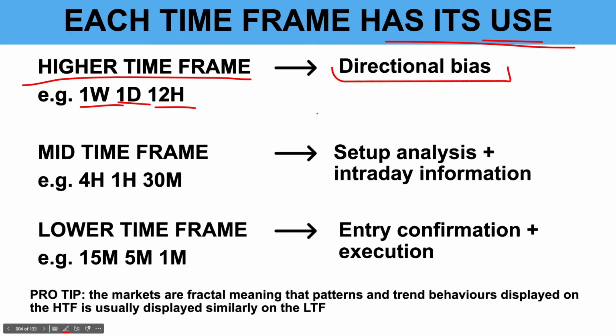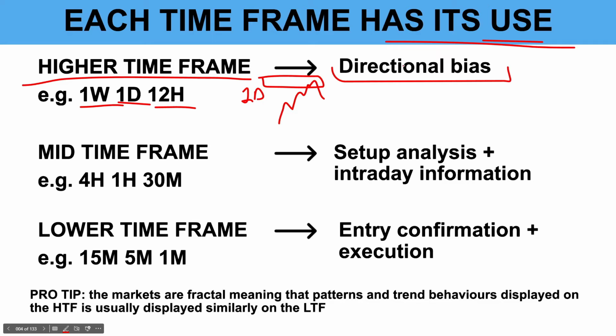So for example, let's just say on the daily time frame, so 1 day, we see that price was previously bullish, and then recently we tapped into a previous daily level of supply. That means on the daily time frame, we can say we have a potential to be bearish.